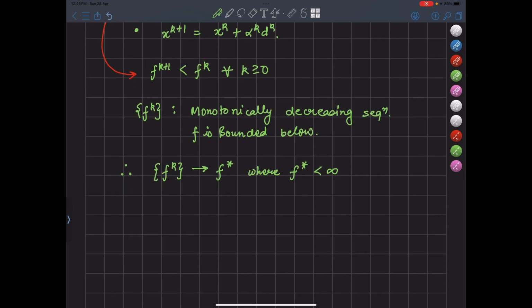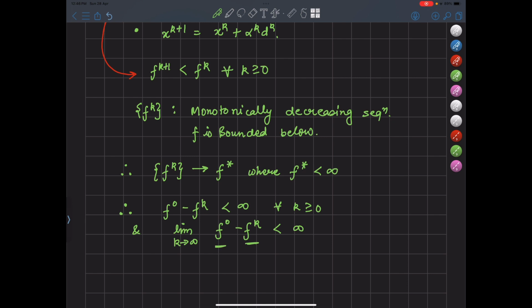This also tells us that f naught minus fk is less than infinity for all k greater than or equal to 0, and if we apply the limit of k tends to infinity, this is also finite, because fk is finite and f naught is finite anyways.